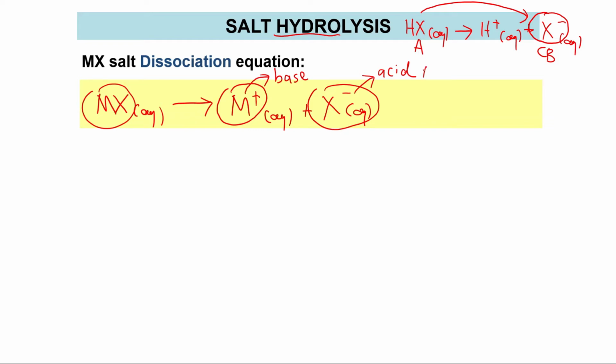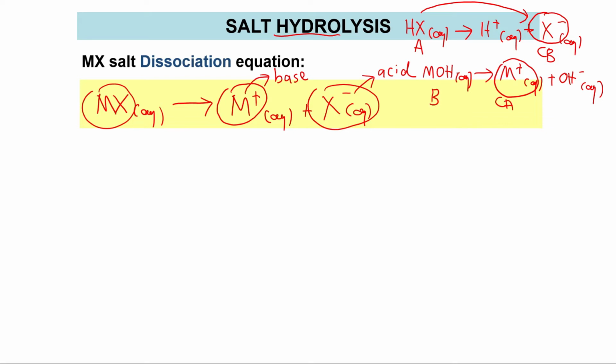Let's say we have MOH base, right? This base is going to dissociate to form M plus aqueous plus OH minus aqueous. So we can see here that the cation formed, since this is a base, is the conjugate acid.